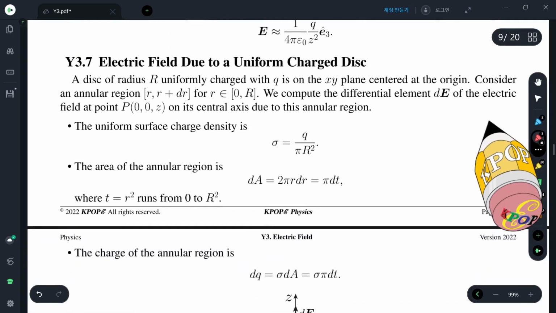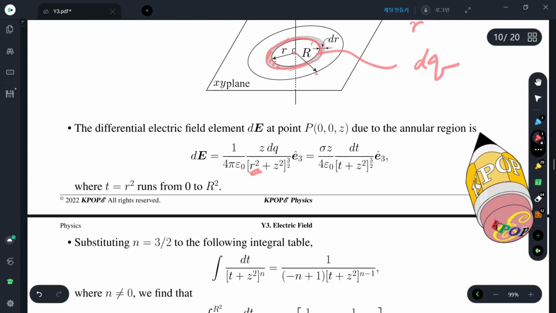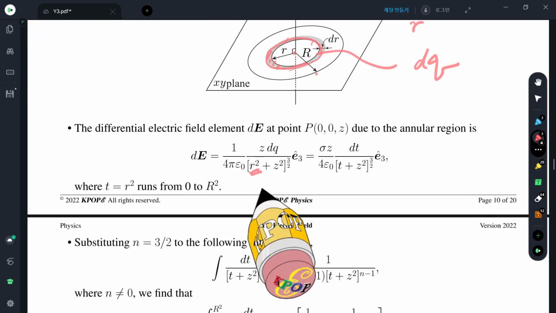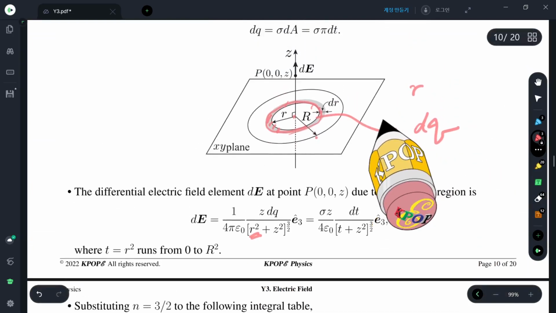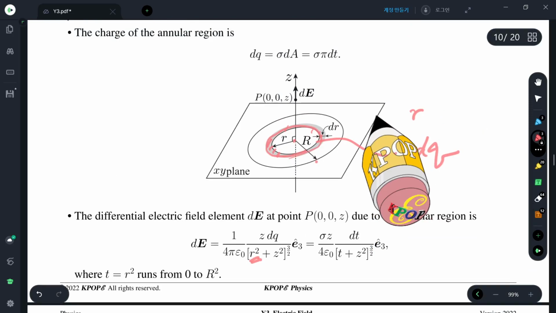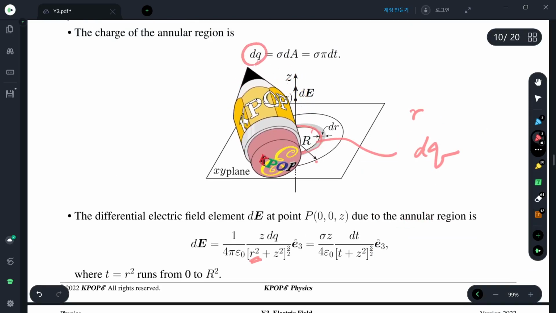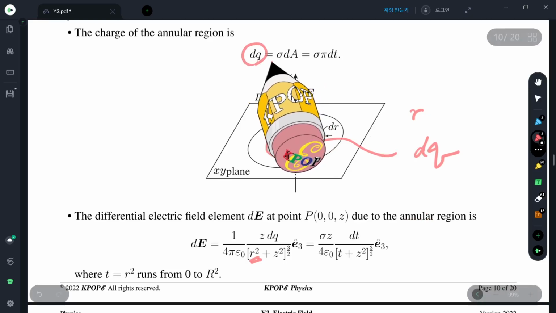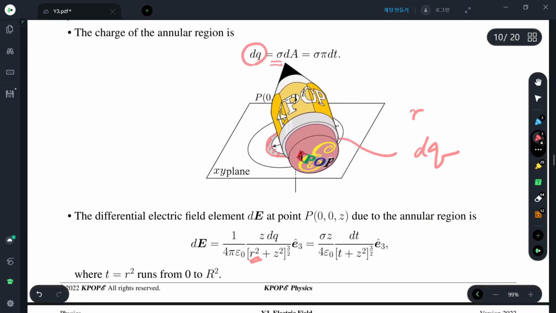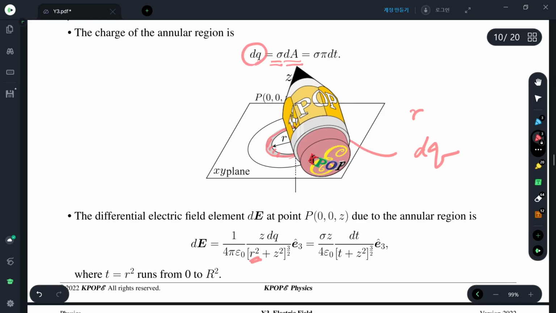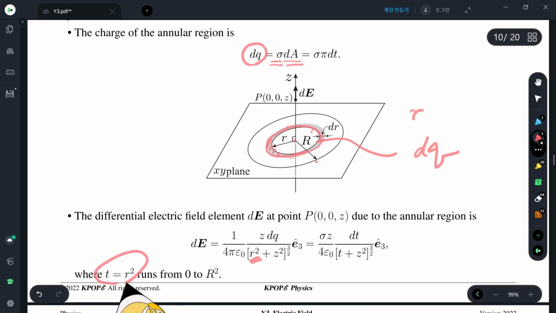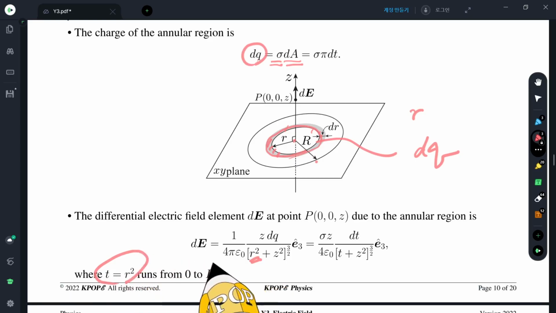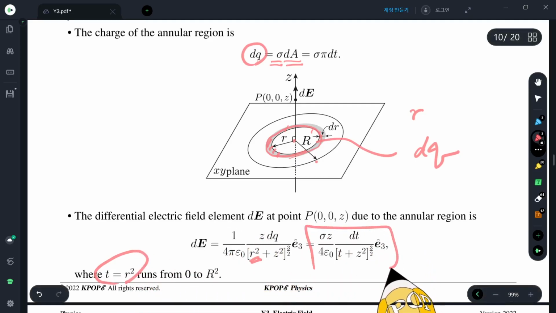So carbon copy and then replace small q with dq, and that dq should be expressed as the surface charge density multiplied by the area. So we have changed the variable by introducing t, that is r squared, then the expression becomes quite compact.